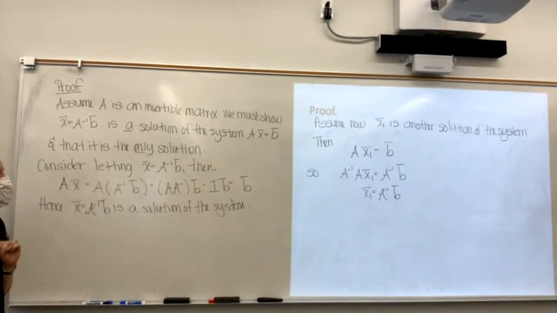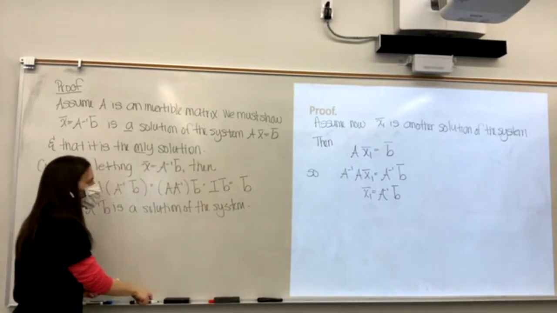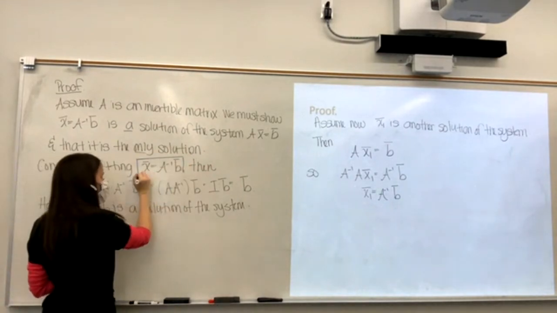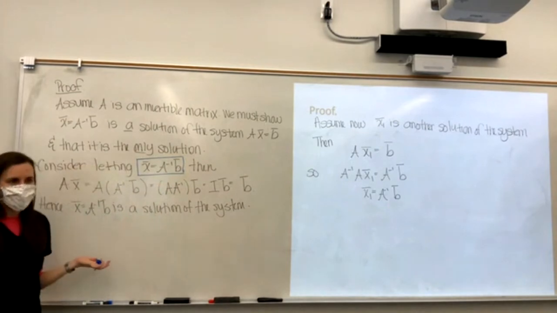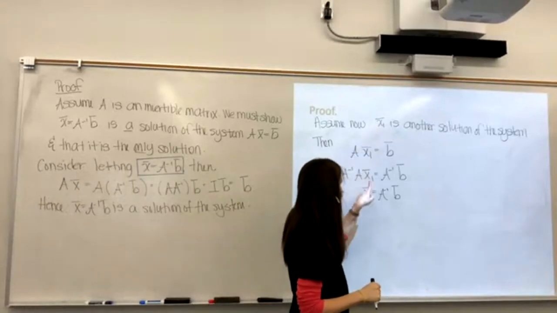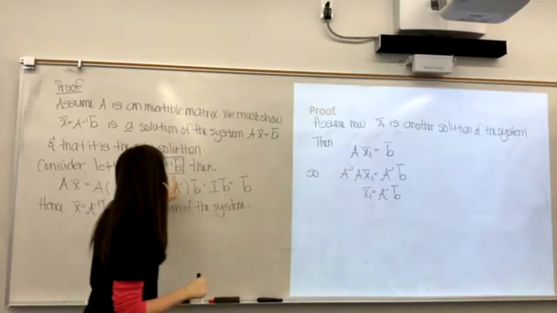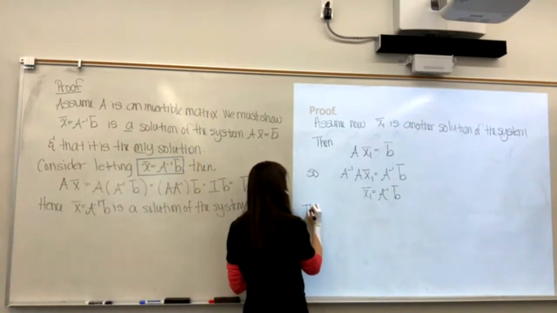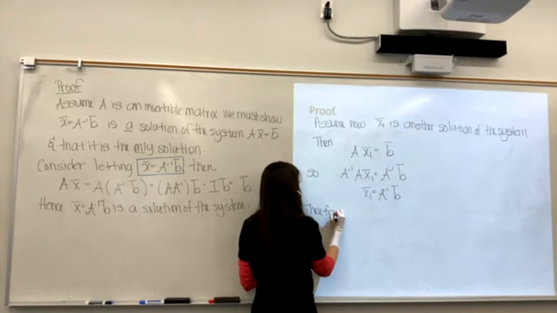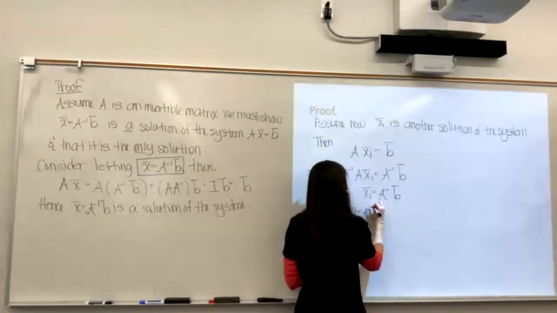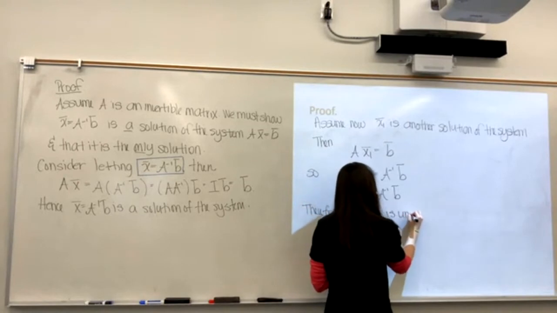So I'm just left with X1 equals A inverse B. Uh-oh. That's what X was, right? So I thought I had found a different solution, but it turns out it was the same solution I had all along, right? So therefore, X equals A inverse B is unique.